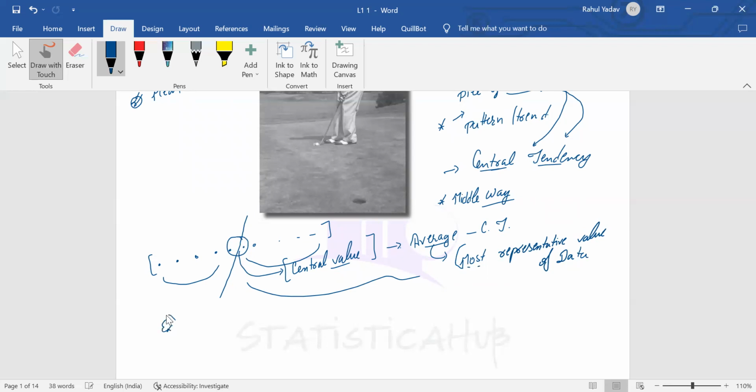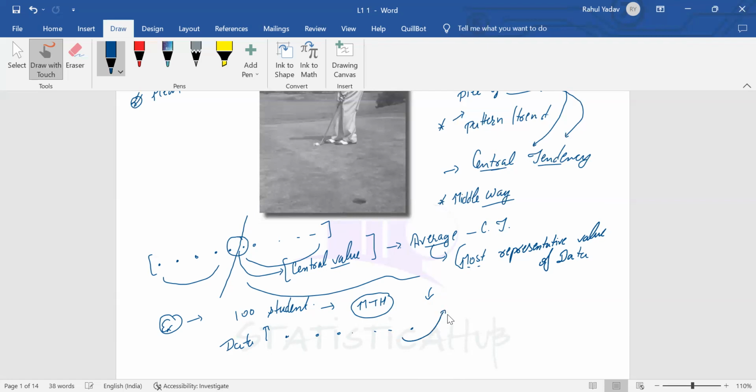For example, I have a class of 100 students. I am teaching some course, and if my dean, the college or school dean, comes up to me and says, tell me how the students are performing, I have data for every student out of this 100: data 1, data 2, data 3, and so on. But to the dean, I will state some average value.